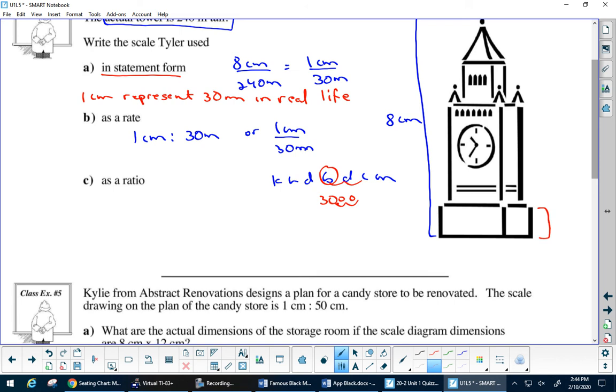So as a ratio, it would be 1 to 3,000. 1 centimeter on this little guy represents 3,000 in real life. Or 1 to 3,000.